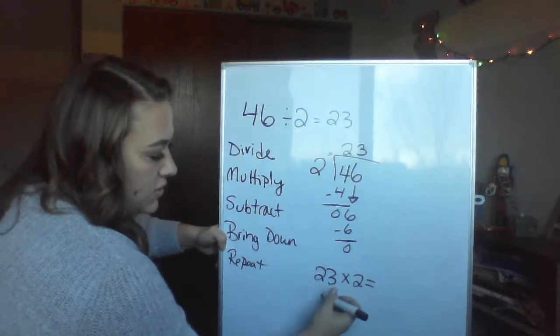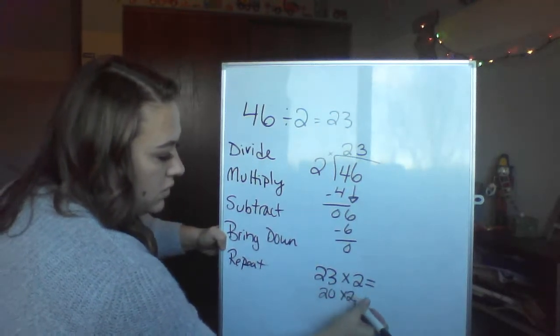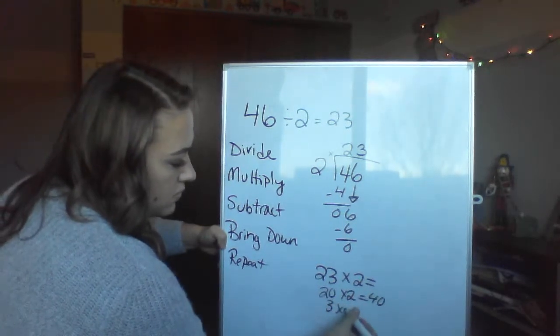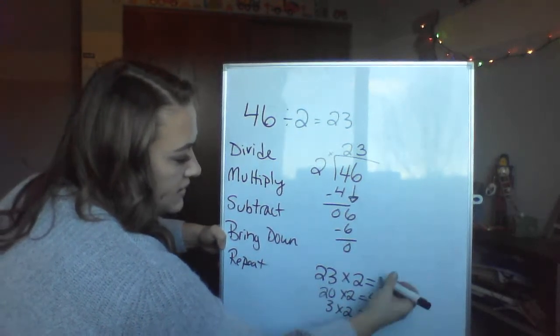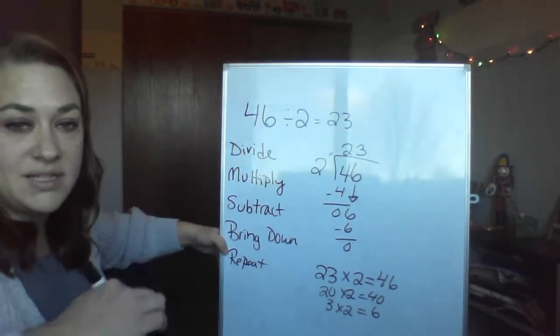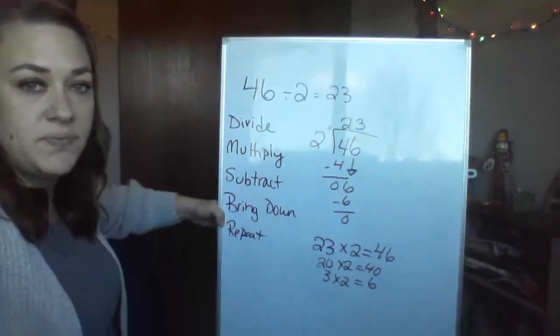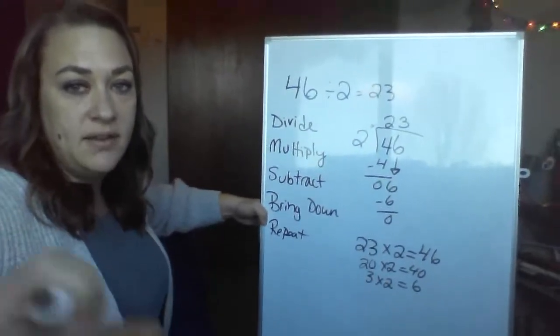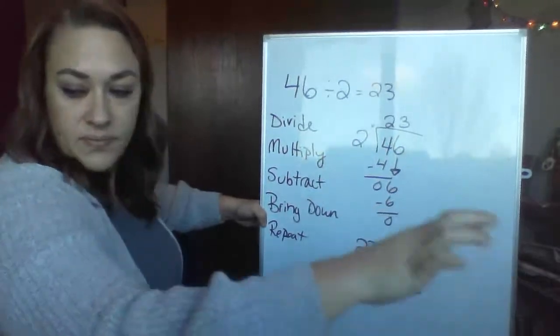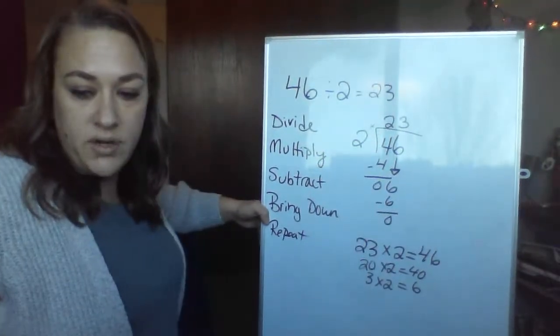So 20 times 2 equals 40. 3 times 2 equals 6. 46. So I did my division correctly, because if I check it with that multiplication, then I get my dividend. Okay. All right, let's do some more.